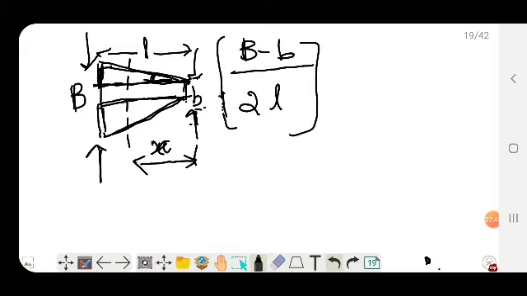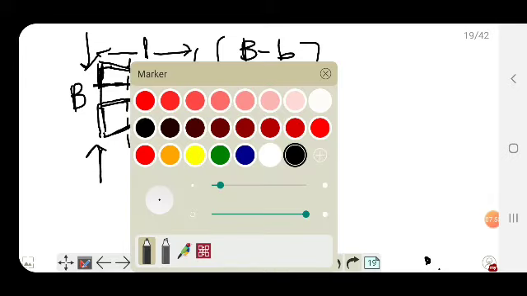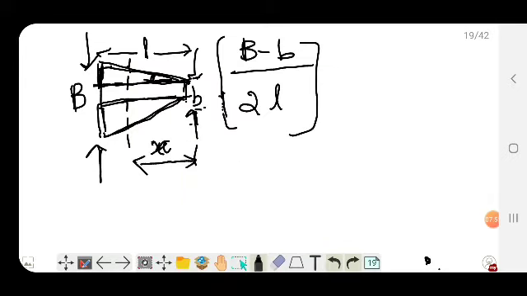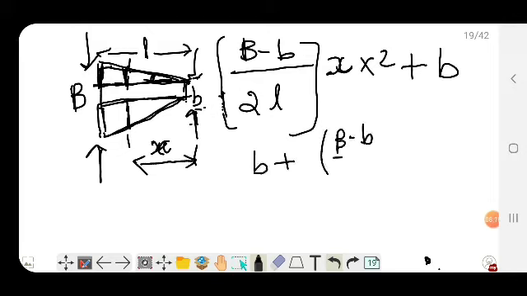There, this height can be given by this slope times x, two such lengths are there, plus b. That is b plus (B minus b) by L times x.